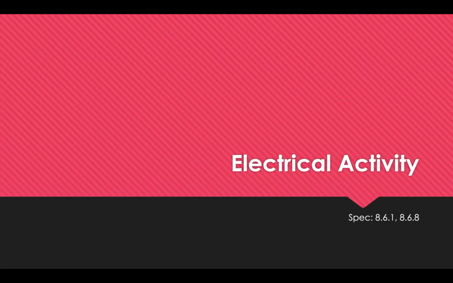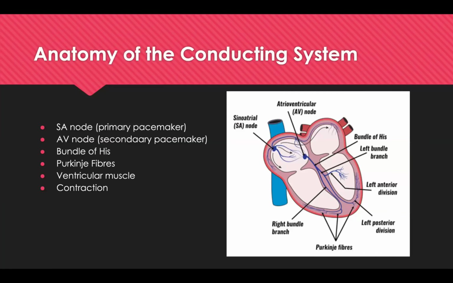So to start, we're going to be having a look at electrical activity in the heart. So the heart contracts because of electrical activity, which originates from the sinoatrial node up in the atria there on the diagram. This then travels through the atria, making them contract, and goes through the atrioventricular node. Between the atria and the ventricles, there's the annulus fibrosus, which is non-conductive tissue.